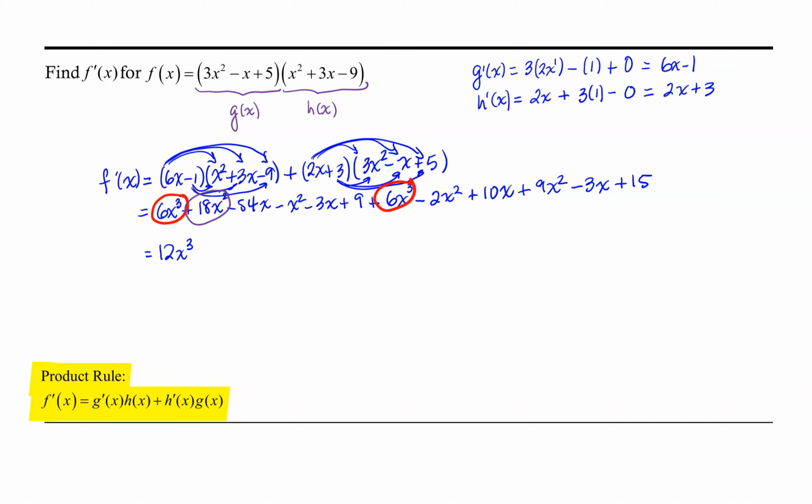We've got 18x squared minus 1x squared gives us 17x squared. 17x squared minus 2x squared gives me 15x squared. And then 15x squared plus 9x squared gives me a positive 24x squared.